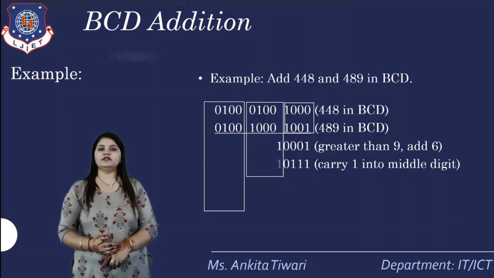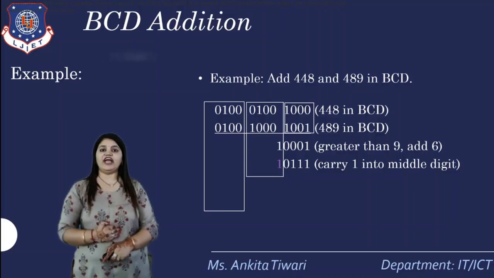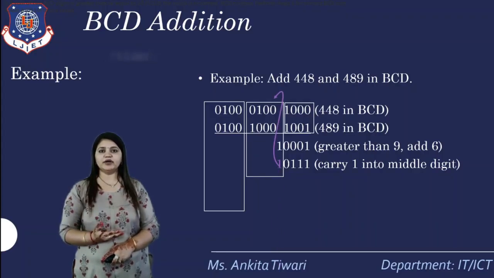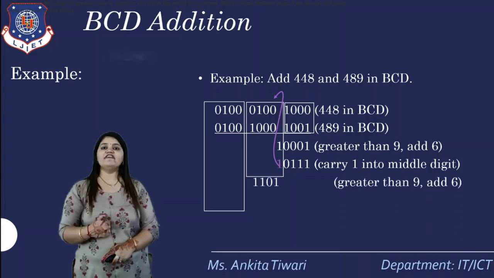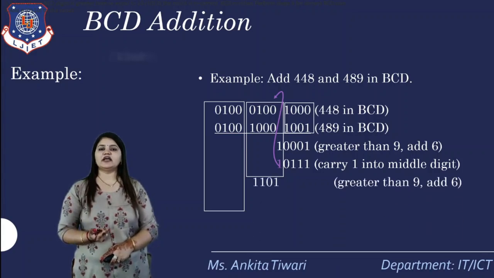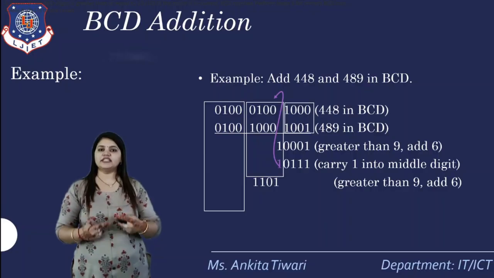If the number is not greater than 9 but I am getting a carry, that carry should be forwarded to the next number. Since the carry is being added, first of all we have to add 6 also.